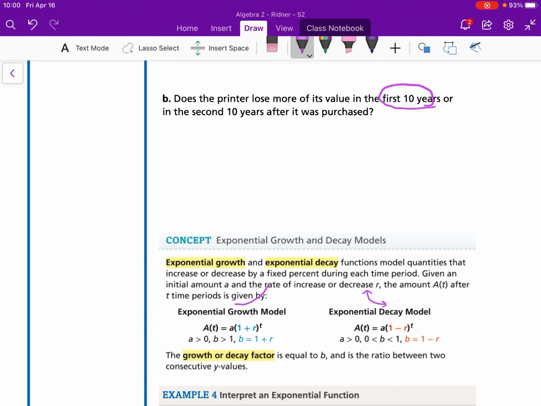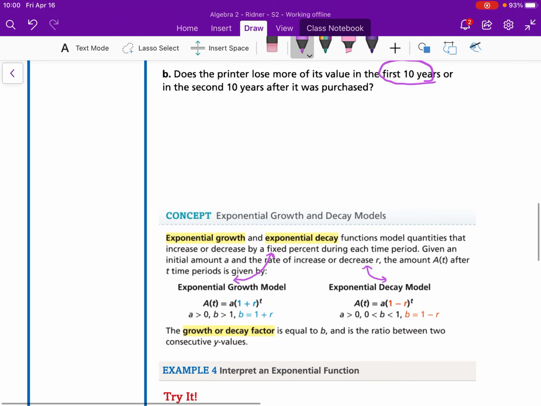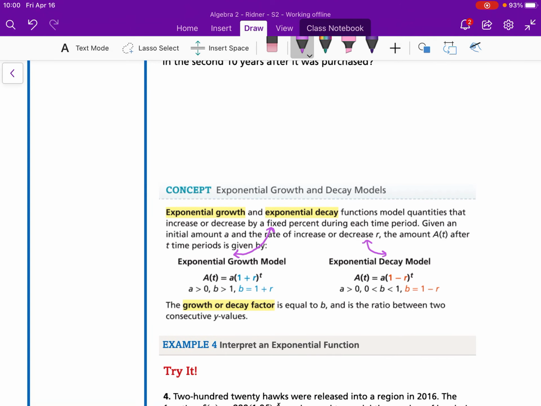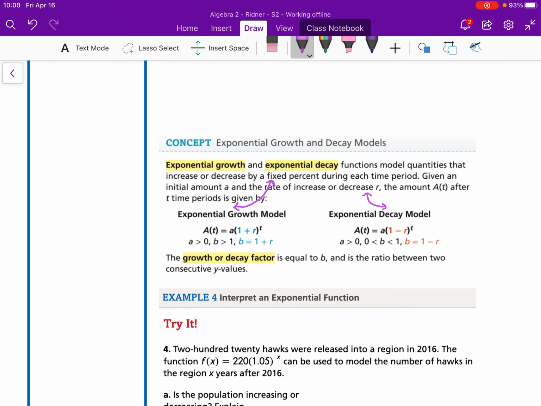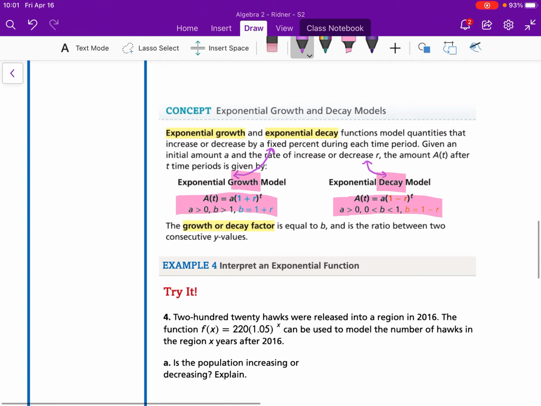An exponential growth model goes up, up, up. So examples of growth would be population, bacteria growth, virus growth. Things like that would be exponential growth versus decay. If you write nothing else down, I suggest that you write this under growth and this under decay. Okay. We find growth by saying 1 plus the rate, but we find decay by saying 1 minus the rate, whatever that rate is.